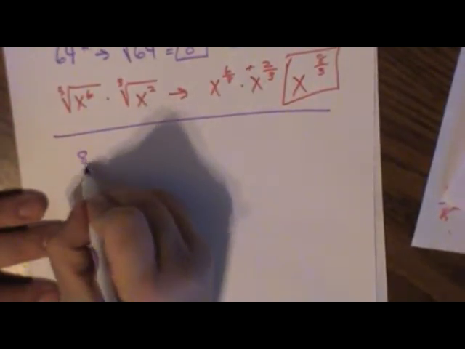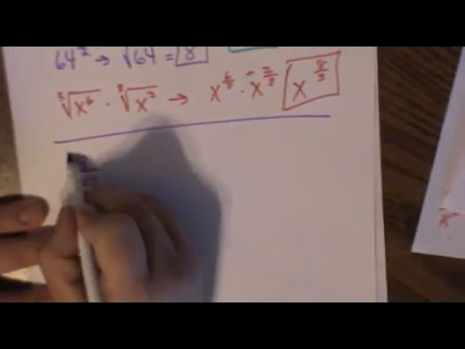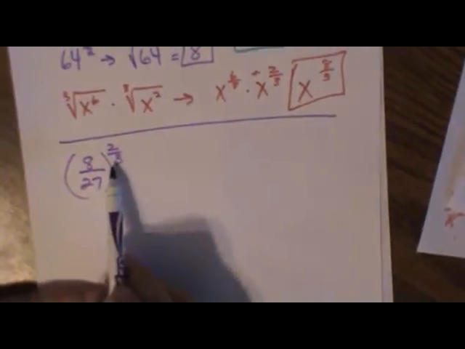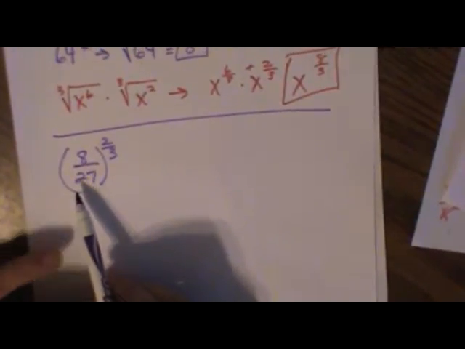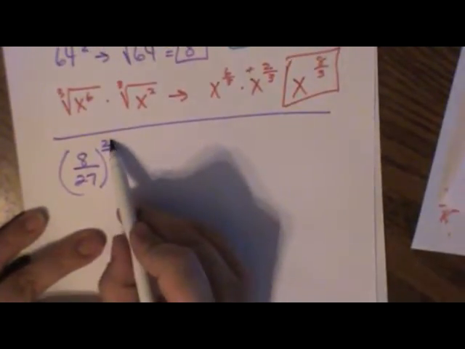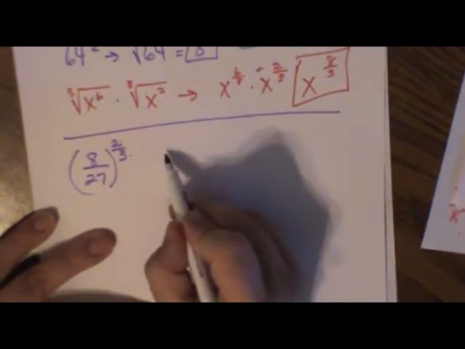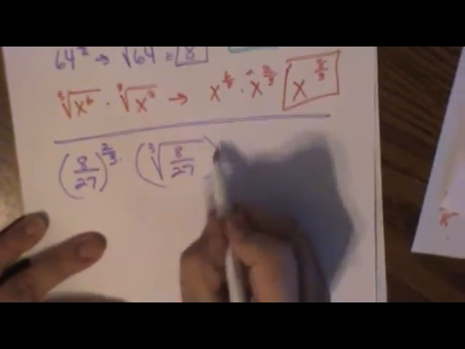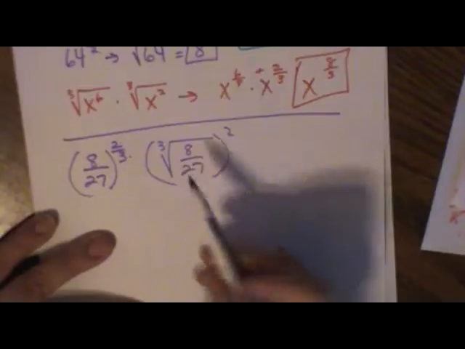This looks a little bit different. 8 over 27. We're going to raise it to the 2/3 power. Now, we don't have a negative power here, so we don't have to flip the base. So we can basically take, this is the power, this is the root. So if we take the cubed root of 8 over 27 and then square our answer, what are we going to get?